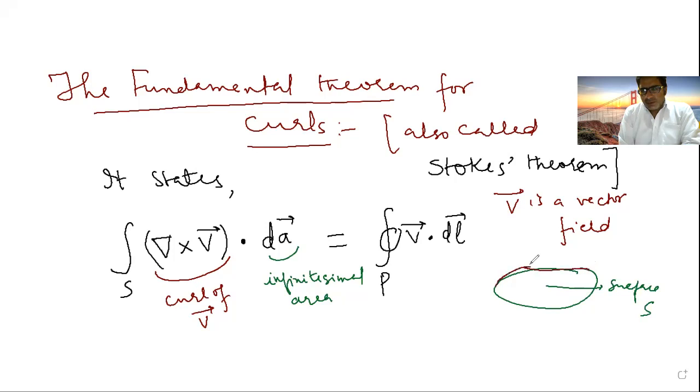This is the boundary or perimeter P of the surface, right? Now what is dl? It is infinitesimal displacement.